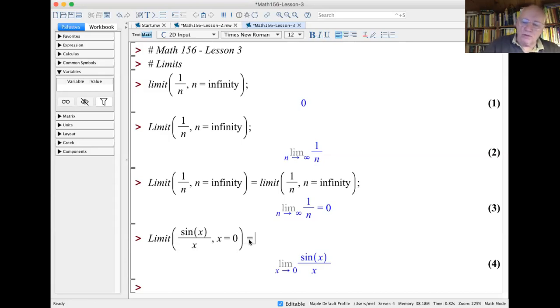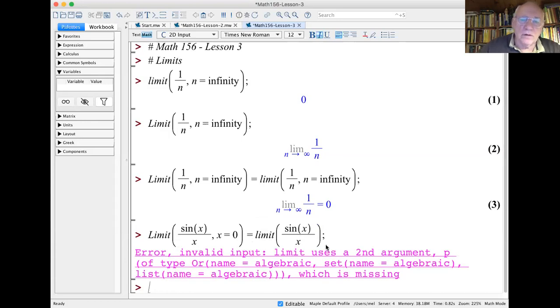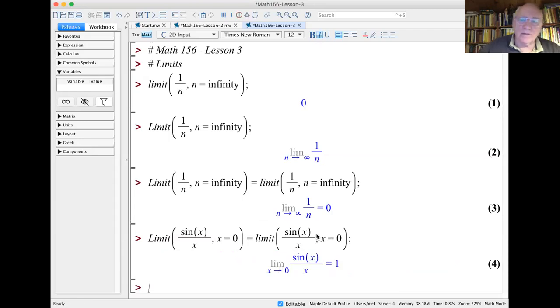This is an important limit from calculus. You prove that this is equal to, well, let's have Maple do it for us. Oops, you have to put in x equals 0. The limit is 1. Very important limit.